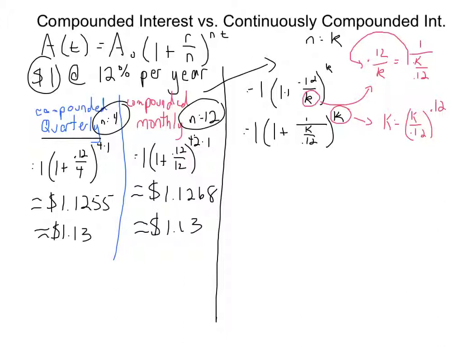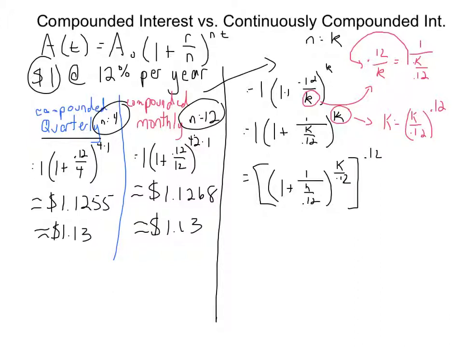So check this out. I'm not going to put the 1 anymore. That's kind of silly. Brackets, 1 plus 1 over k over 0.12, to the k over 0.12, and then on the outside I'm going to put the 0.12 power.